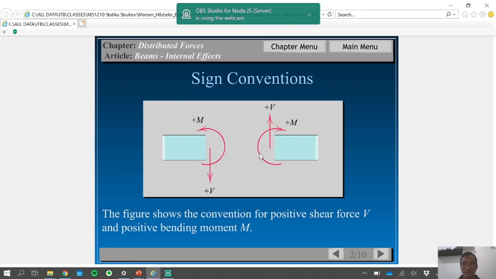But on the left side of a particular cut, the positive moment is going clockwise, and the positive shear force is going up. For both, the internal normal force is supposed to be going outwards.